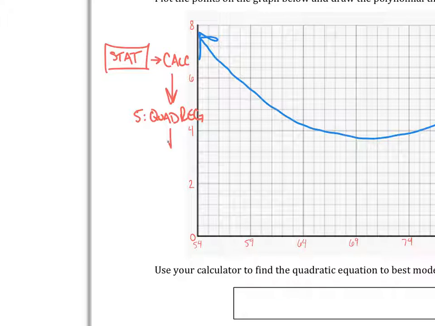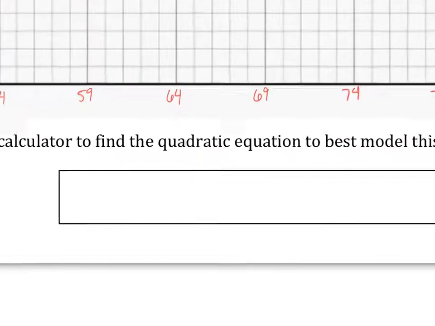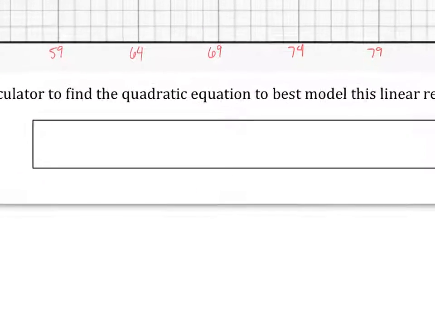And you would make sure that you selected the correct lists, and you would calculate it.